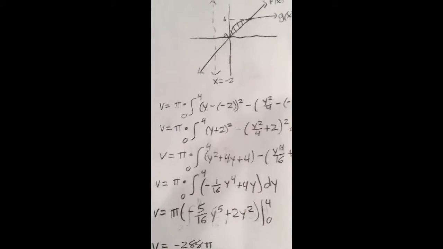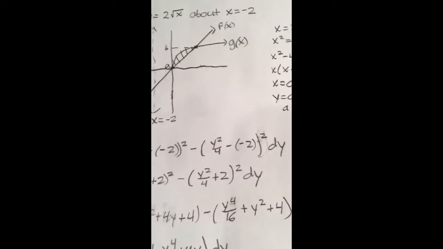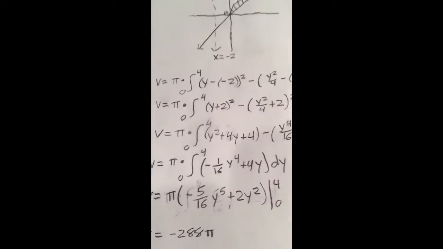Now it's the same process, and you just have to simplify. We'll go line by line. You end up with y plus 2 squared minus the quantity y squared over 4 plus 2, squared. Multiply both out, and you get y squared plus 4y plus 4 minus the quantity y to the 4th over 16 plus y squared plus 4, integrating with respect to y.